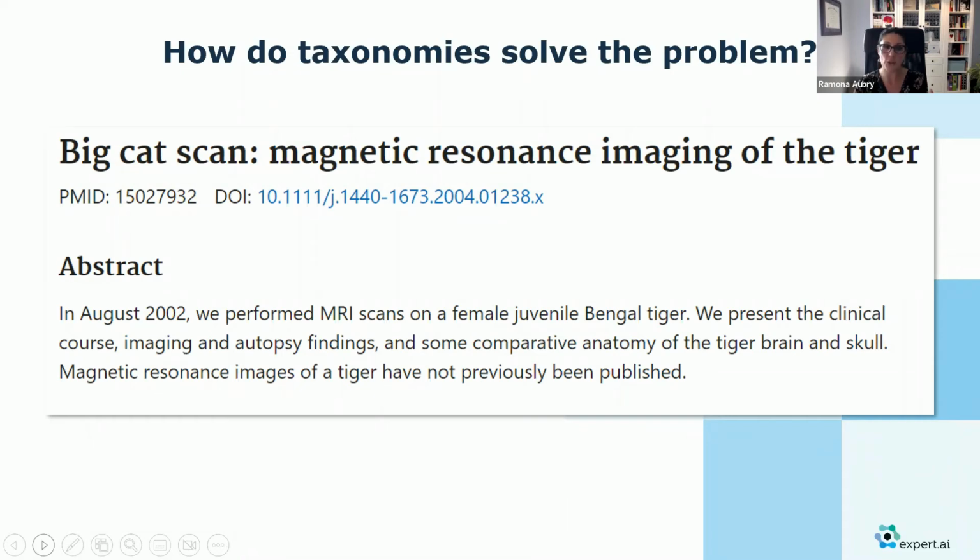So taxonomies actually help us to solve ambiguity. Dealing with ambiguity is very easy for us as humans, but it's not easy when it comes to machines. A machine has to actually perform that analysis of the sentence and find meaning and contextual meaning from that sentence.